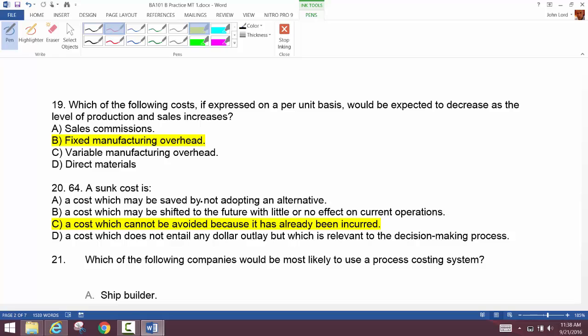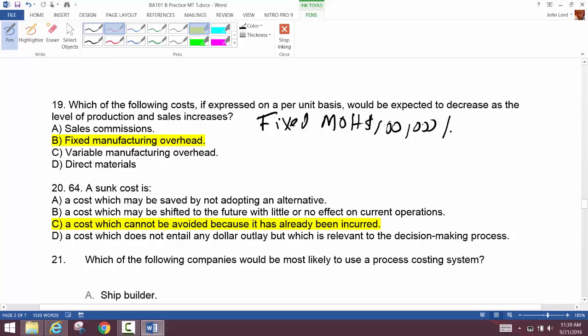Let's say I have fixed manufacturing overhead of $100,000, and I produce 1 unit. What's my fixed cost per unit? Not a trick question. $100,000 is my fixed cost per unit, isn't it?